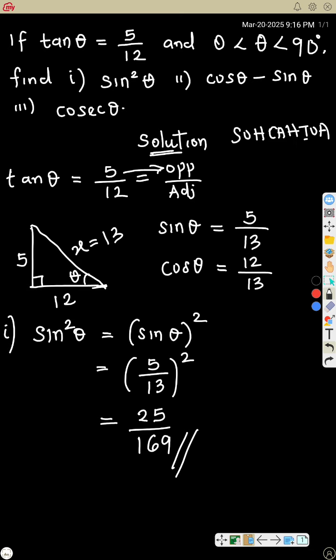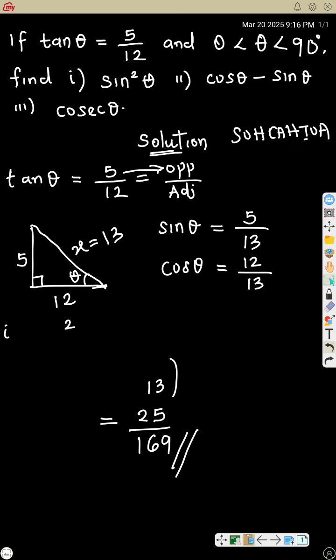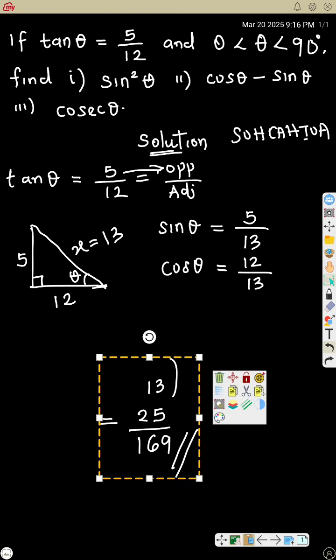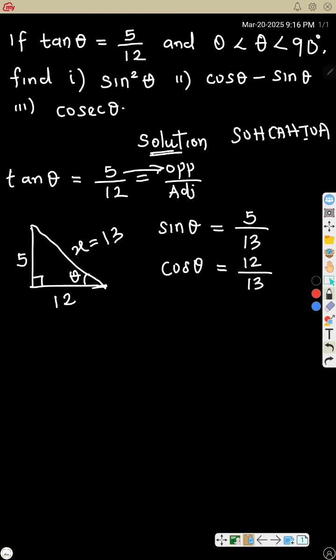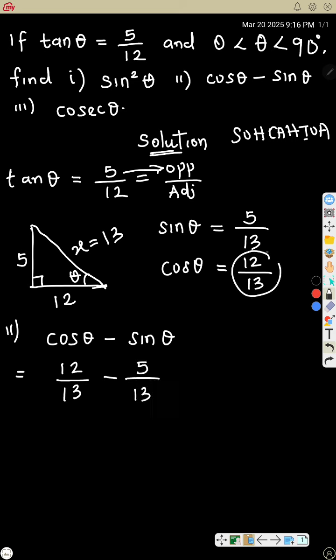So the second one is cos theta minus sin theta. So cos theta, that's 12 over 13, minus sin theta, 5 over 13.